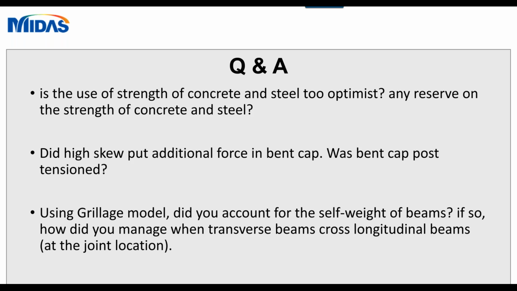Yes, I would like to show a picture of how this option in MIDAS works. So you can define all these elements. The beams can be modeled as I-girders, which already accounts for the slab.